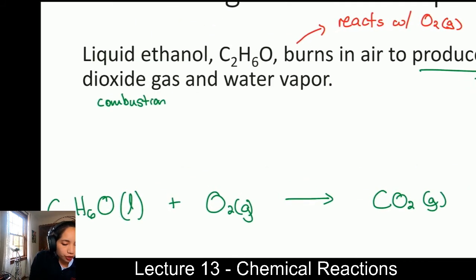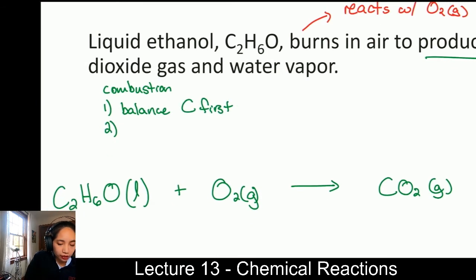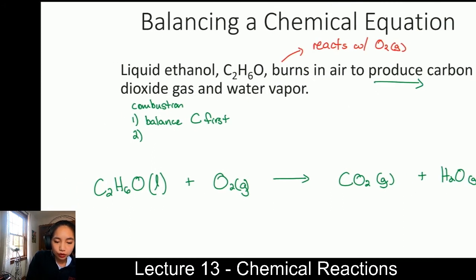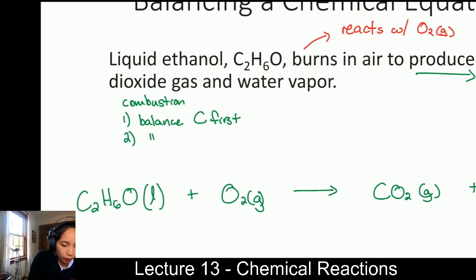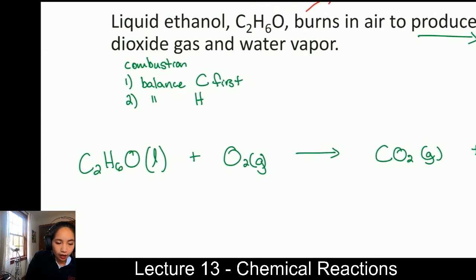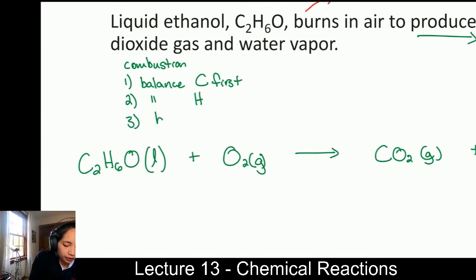So with combustion reactions, you want to balance the carbons first, and you balance the carbons with CO2, because carbon on the product side only shows up in CO2. Then you want to balance your hydrogens next, and you'll balance that with your water. But the most important thing is you want to balance your oxygens last.